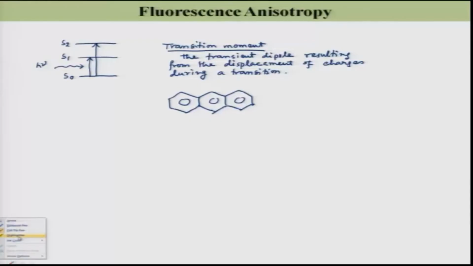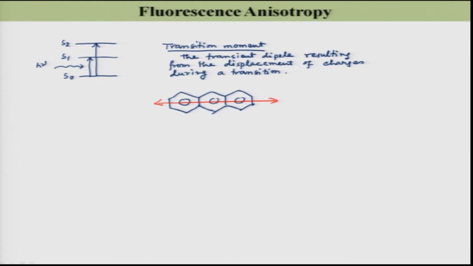That means there is a change in the distribution of the charge. So, that can be represented as a vector showing in which direction the charges are changing in this molecular frame.